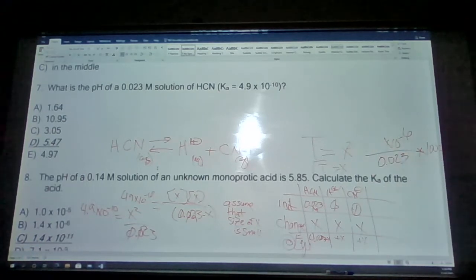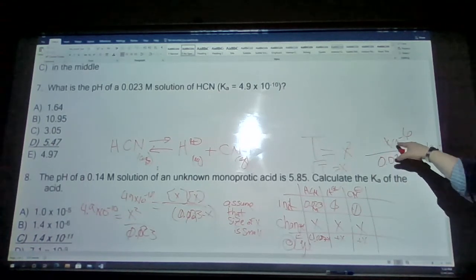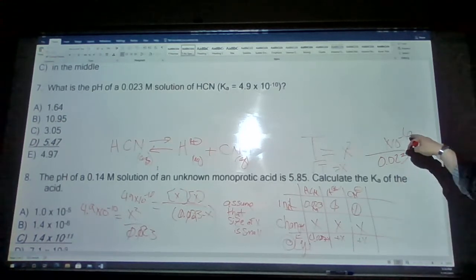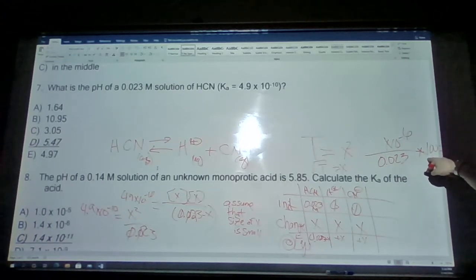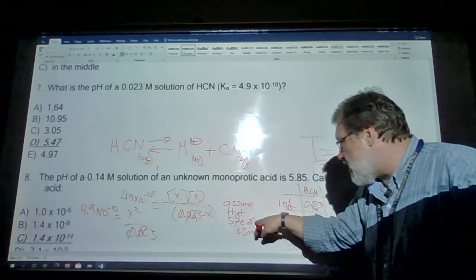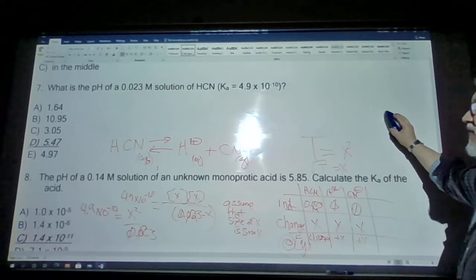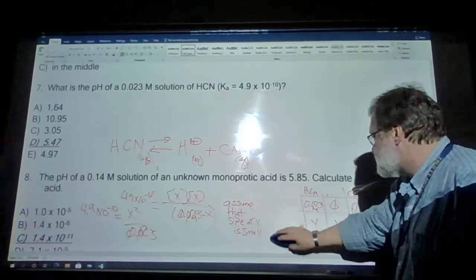This is going to get us something that is way less than 5%. Remember, if you do this calculation and you get a value above 5%, then the estimation that the amount of X that ionized is small isn't valid. But if it's 5% or less, no problem. This value turns out to be less than 5%. So it turns out that the assumption was correct.